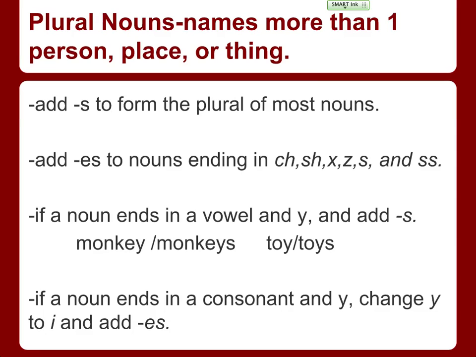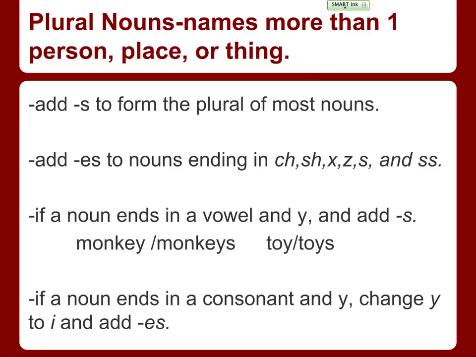Who can give me an example of a noun that ends in a CH, an SH, an X, a Z, an S, or an SS? Okay, stop what you're doing and look up here. You can glue later. Somebody give me an example of a noun that ends in these. Yes, Tim.